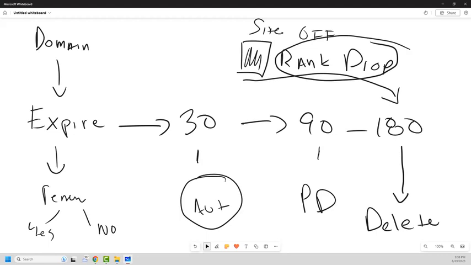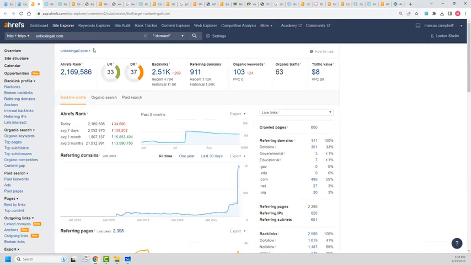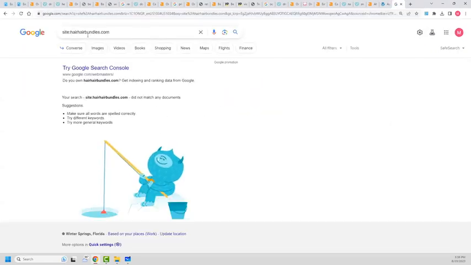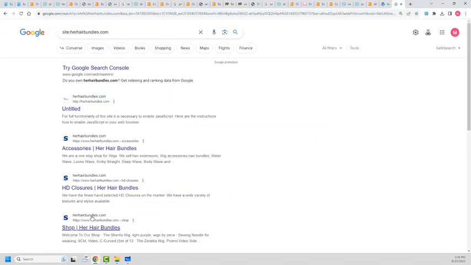So the hair one doesn't see anything. Oh, so you're looking actually in Google for like this: site colon hair bundles or whatever. So this is her hair bundles, so make sure you spell it right. Her hair bundles. So it does still show.